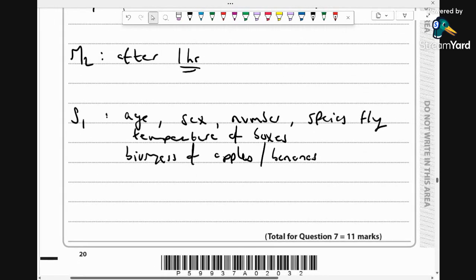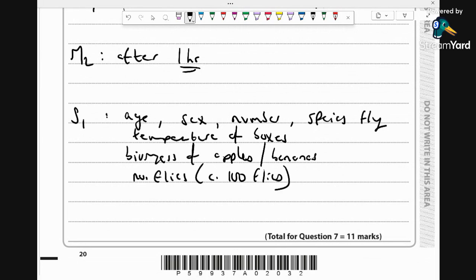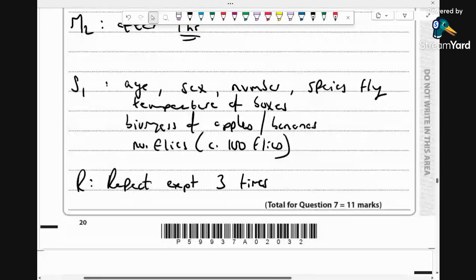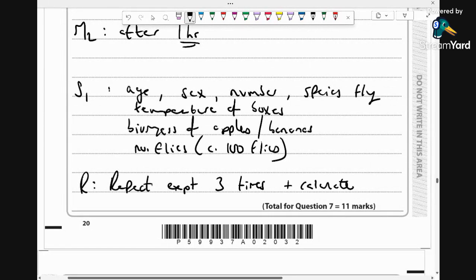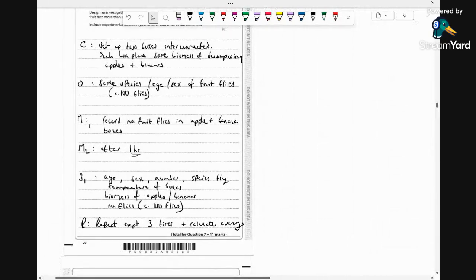And of course, the number of flies. So I'm going to use maybe 100 flies. Finally, I'm going to repeat the experiment at least 3 times. Calculate an average maybe. There we go. Okay, so nice and easy, 6 marks in about 2 minutes.